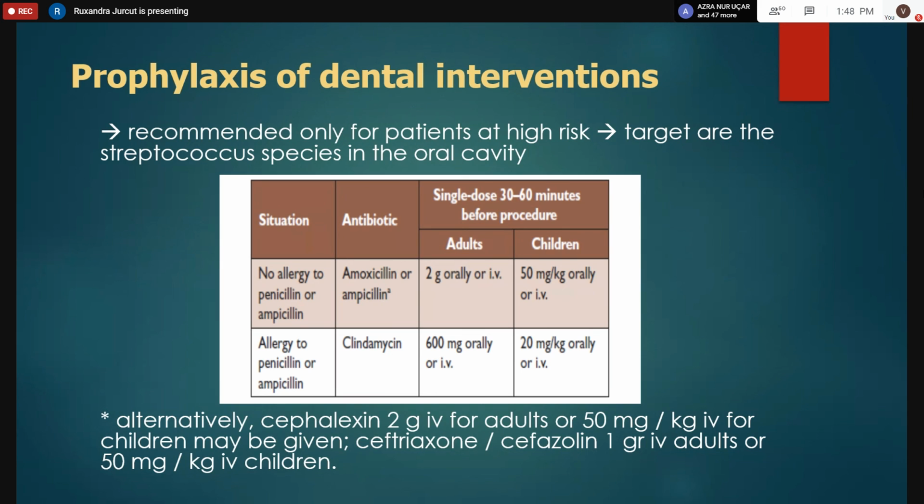The easiest one, if they are not allergic to penicillin, is amoxicillin, for example, 2 grams orally usually.